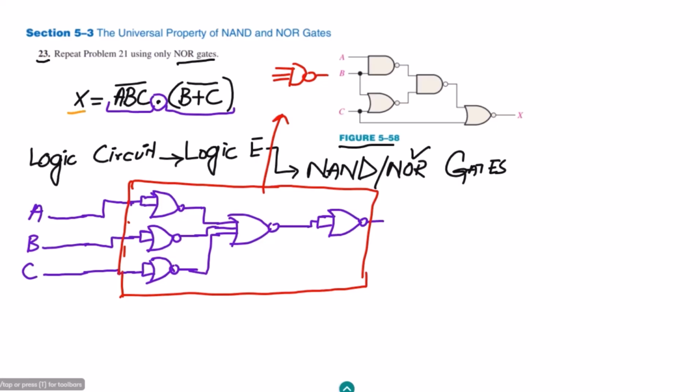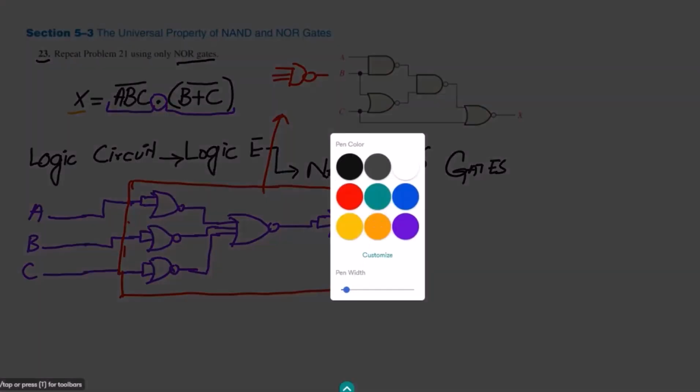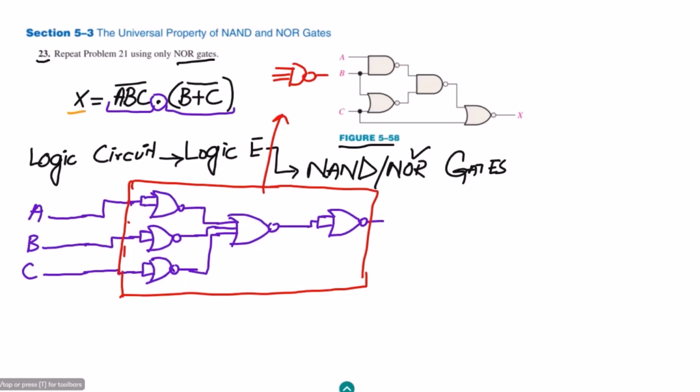Here, at the output of it, what will we get? We will get A, B, C whole complement. The second thing we have here is B plus C whole complement. This is a very straightforward operation, and this is the NOR operation. So let me use this NOR gate here. This is a NOR gate.